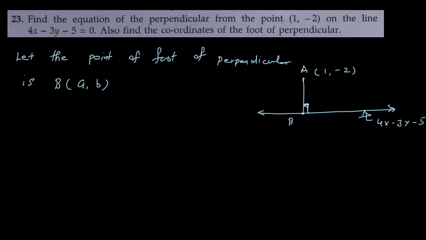Now we have to find the equation of AB and that point B. So here the given line is 4x minus 3y minus 5 equal to 0. I will convert this equation in the form of y is equal to mx plus c. So I will say that 3y is equal to 4x minus 5.